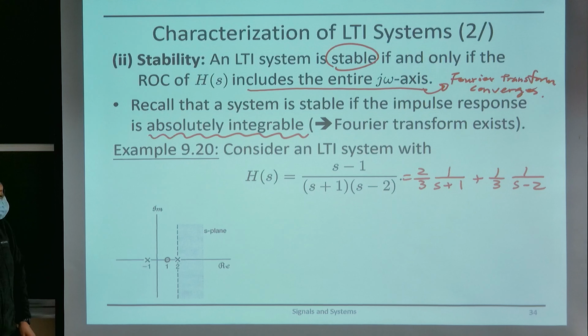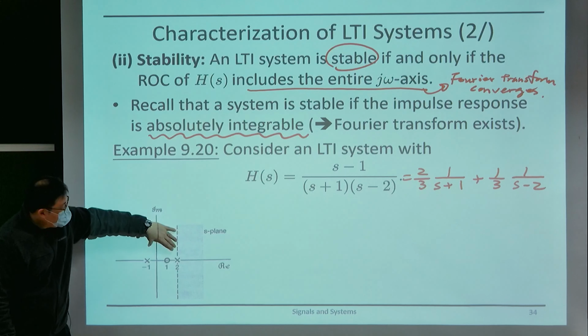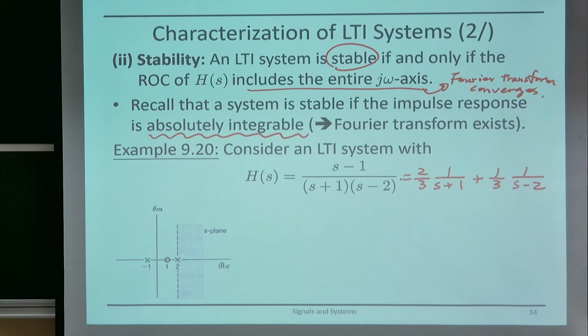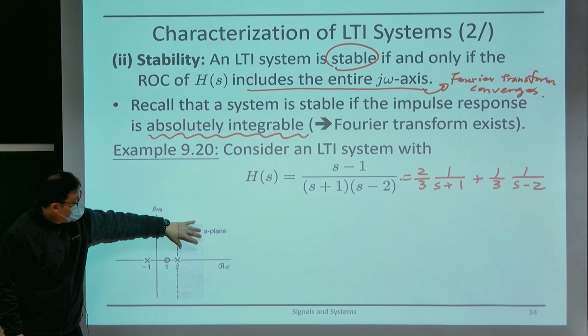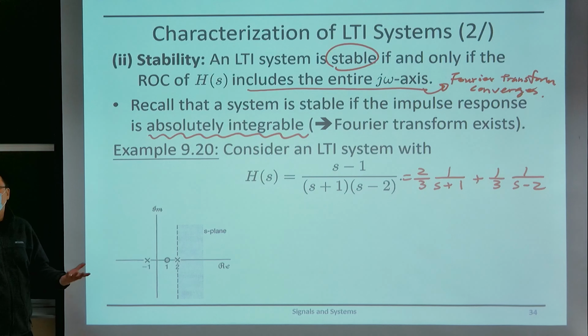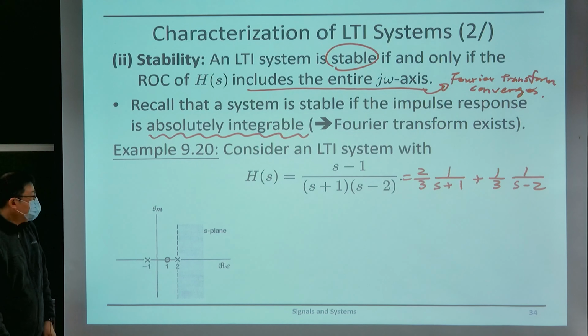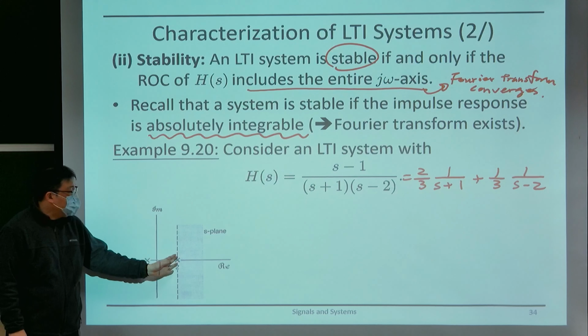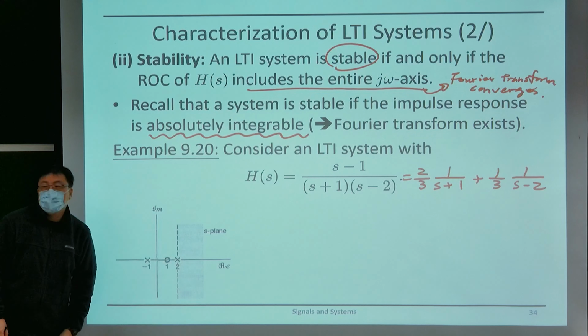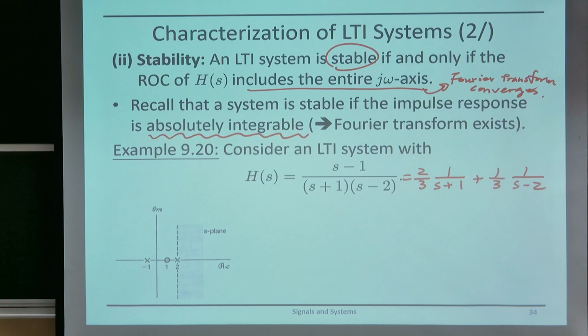Which one of these is the actual ROC may depend on different properties of the system. For example, if we know that this system is causal, then we can infer that its region of convergence is this right half plane.